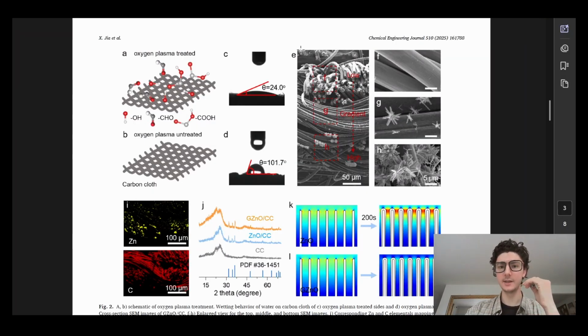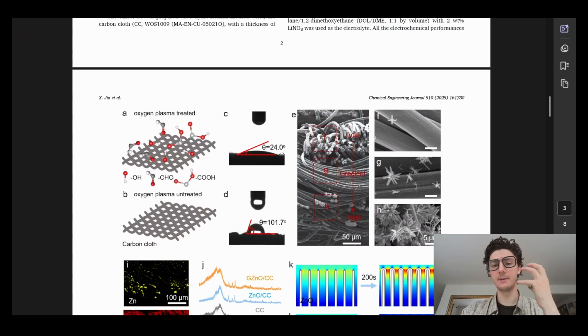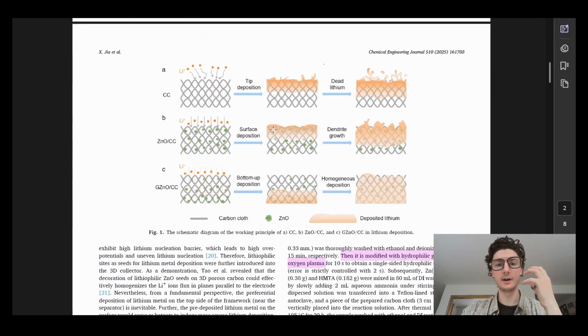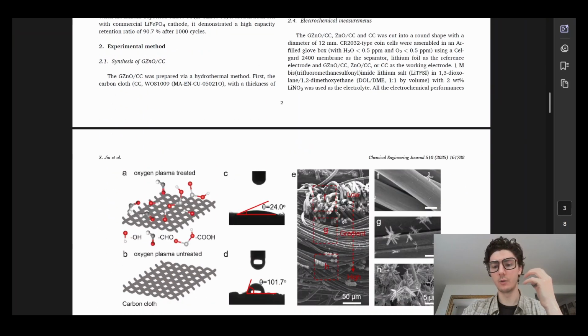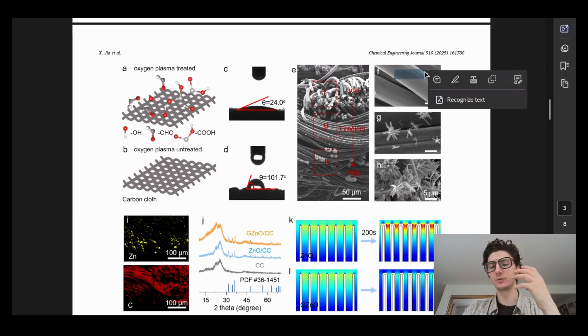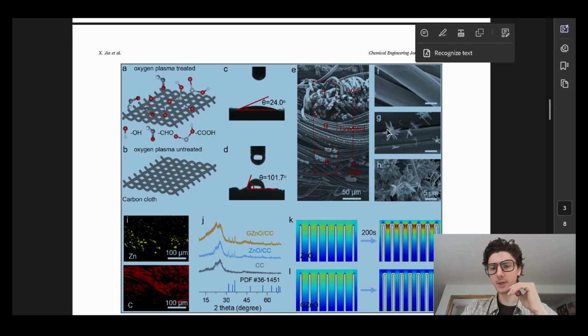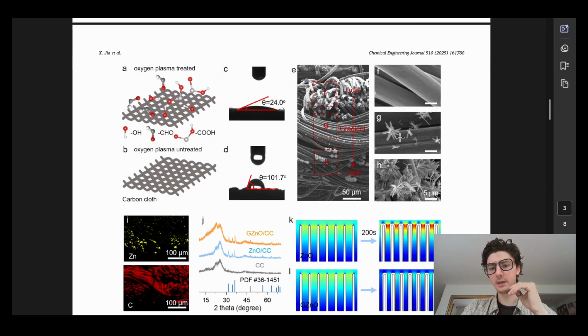So this here is an SEM image of this entire carbon cloth network, right? So this is the full image, and here they have a zoomed in view of this F. You could see it's just these fibers which are part of the carbon cloth. Over here in G, it's kind of the middle. You could see a little bit of these spiky things.